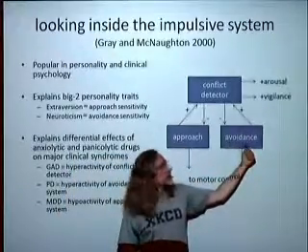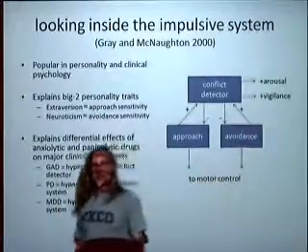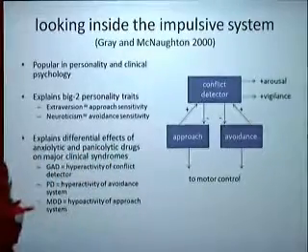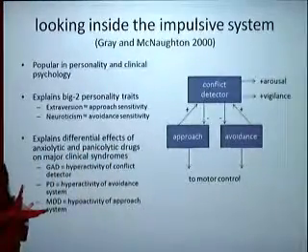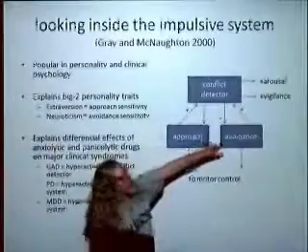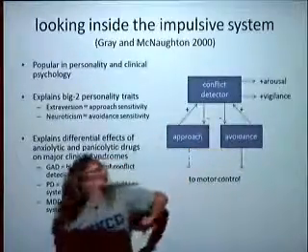Neuroticism roughly corresponds to the gain on the avoidance system. If you do the actual studies, what they really correspond to is sensitivity to cues for reward and sensitivity to cues for punishment, which means a 30-degree rotation of the extroversion and neuroticism axes.